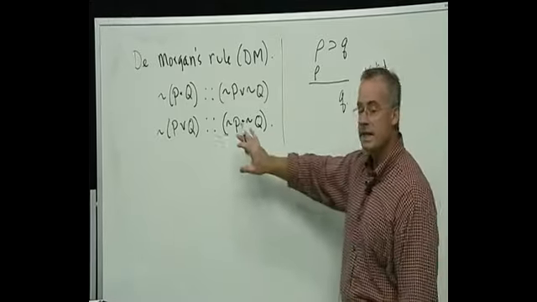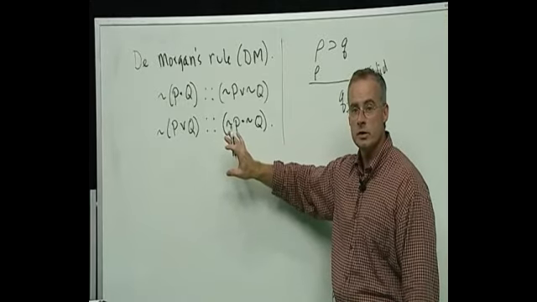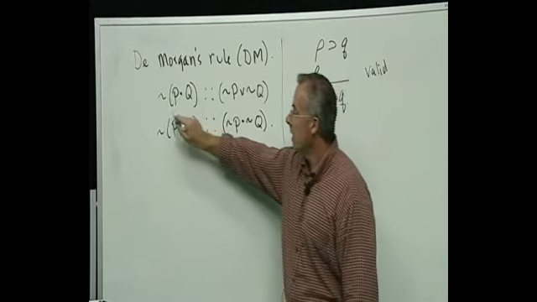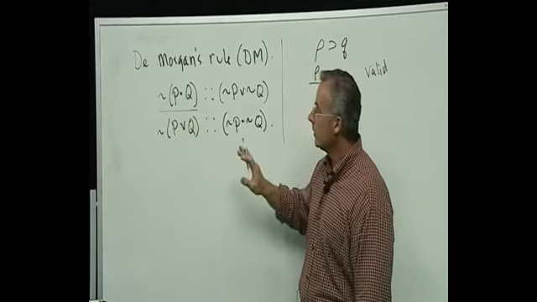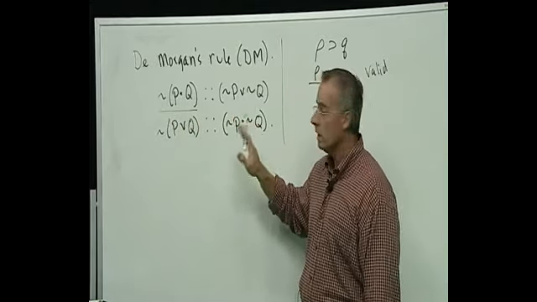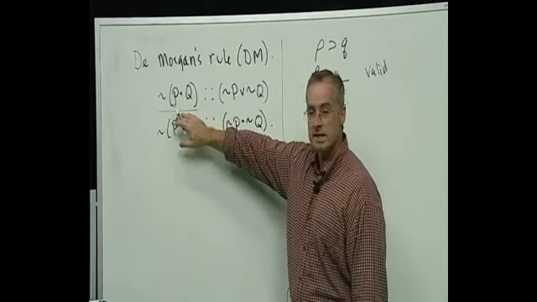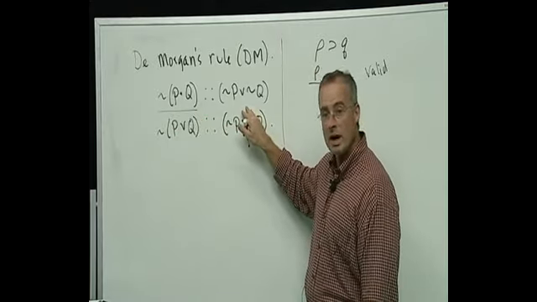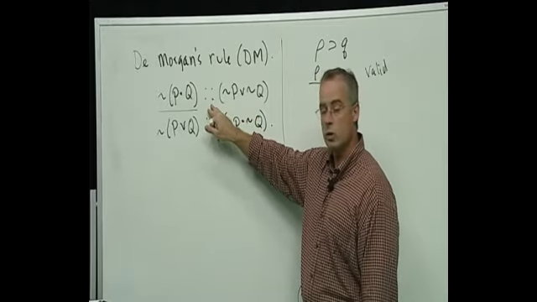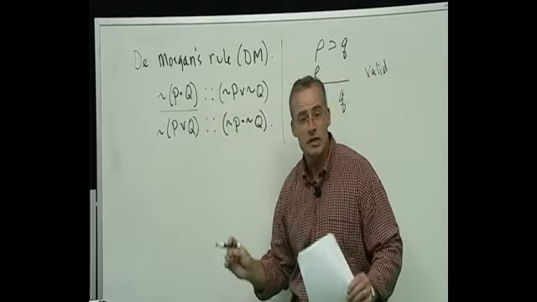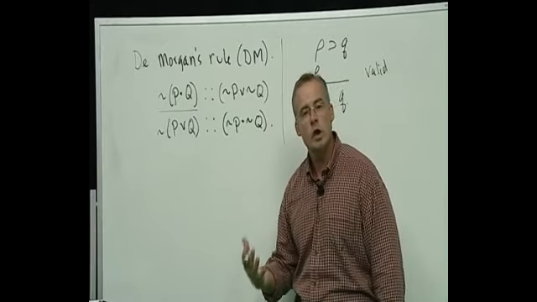Now, the rules of replacement are really rules of substitution. If you see something of this form in an argument, the rule of replacement we call De Morgan's rule allows you to replace this with this. Why is that the case? Because they are logically equivalent. That's what these four dots mean. They're the same thing, essentially. Now, how do we know that?